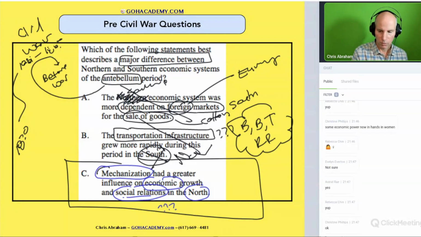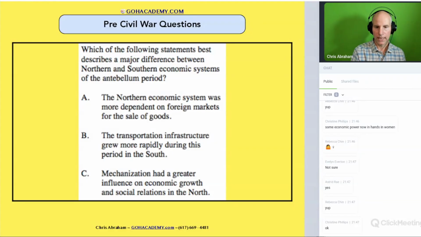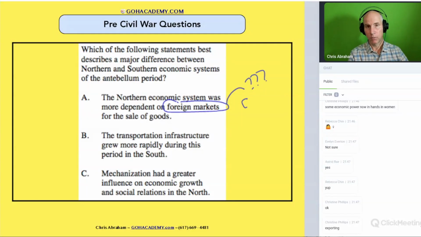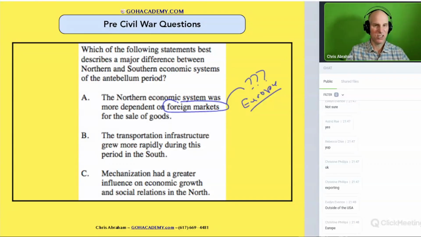Okay, let's try this one more time. When it says foreign markets, what could that mean? Exporting products to what? What could be outside the United States: Europe, England, France?